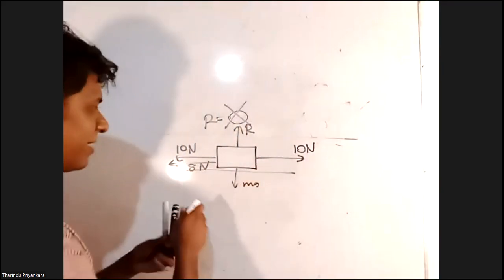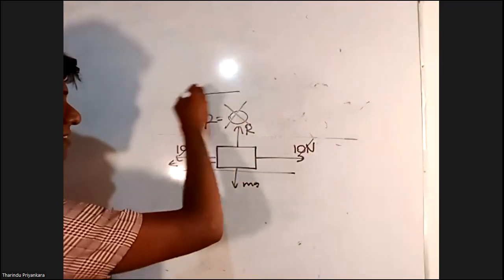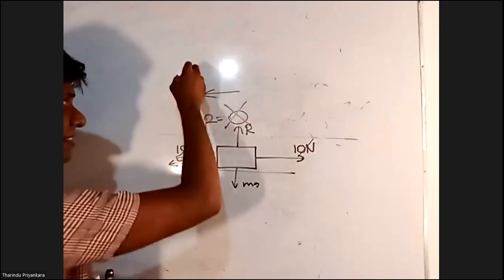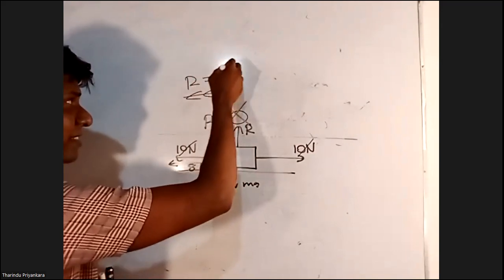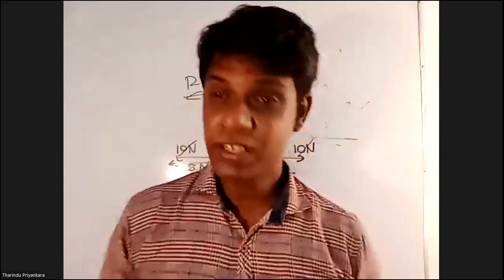Because the 10 is cancelled out by the other 10, but there is a force that is the resultant. The resultant is 8 Newton towards the left hand side. This is what we have to understand. Do you have any primary idea about this resultant force? Yes or no?